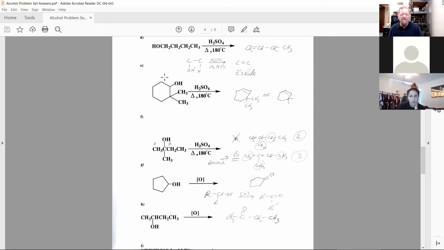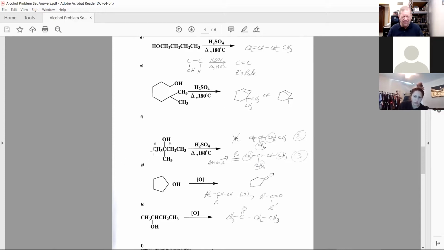You lose the hydroxyl group, OH, and a hydrogen from an adjacent carbon, the carbon next door to the carbon with the hydroxyl group. Between those two carbons, you form a double bond, and it follows Zaitsev's rule. Let me explain Zaitsev's rule.